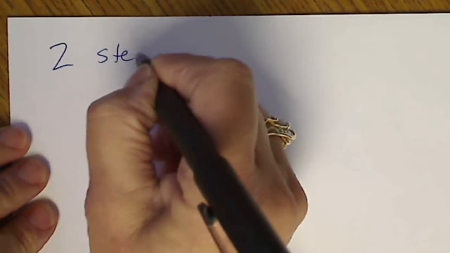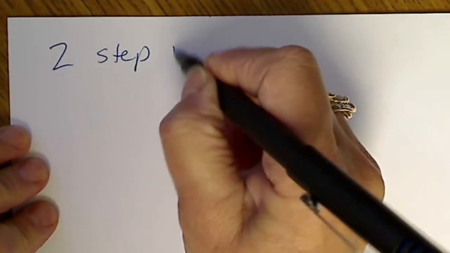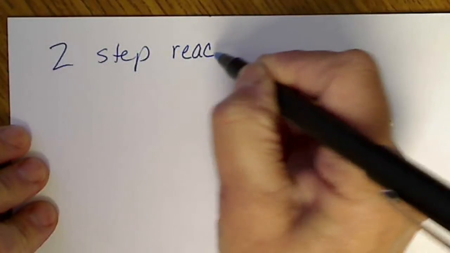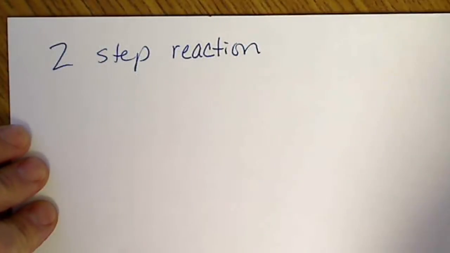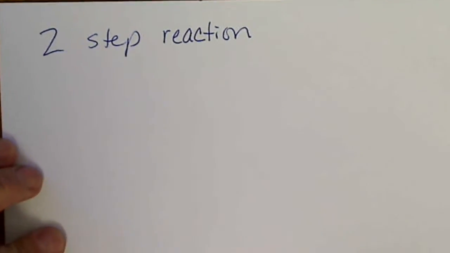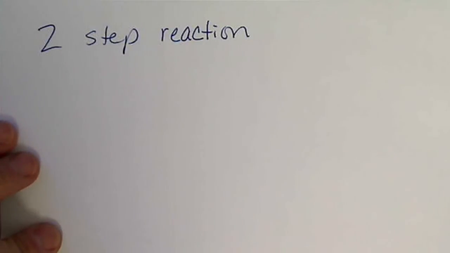So a two-step reaction, we can't really tell if a reaction occurs in multiple steps, but we can sort of theorize that it does.